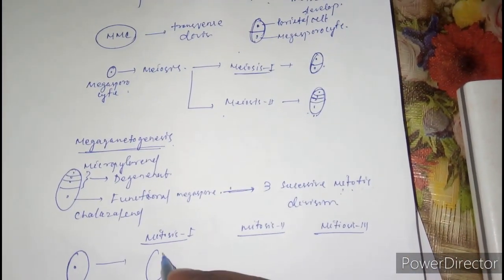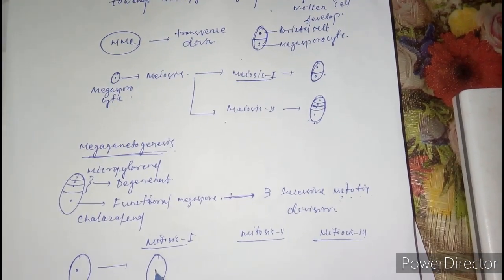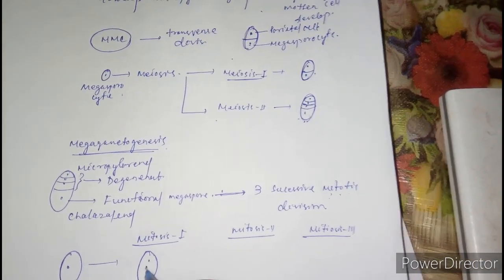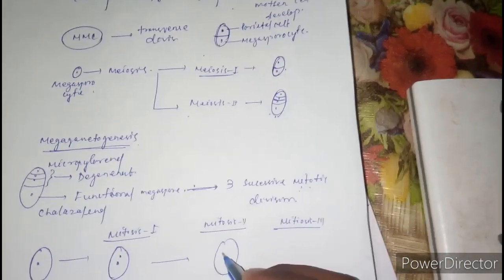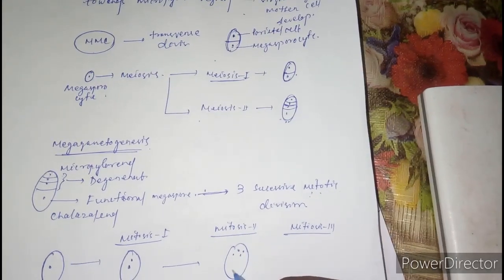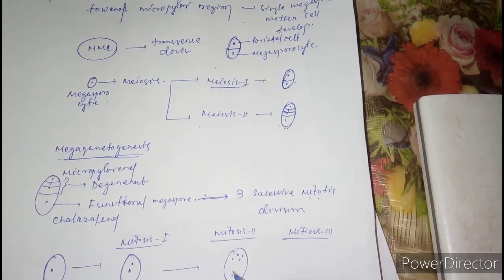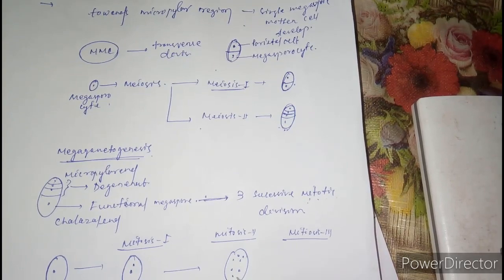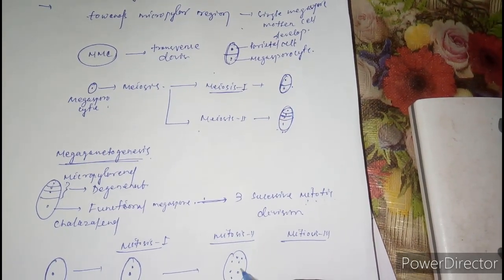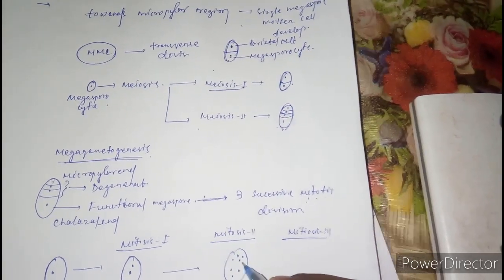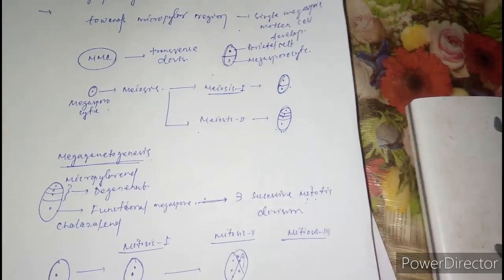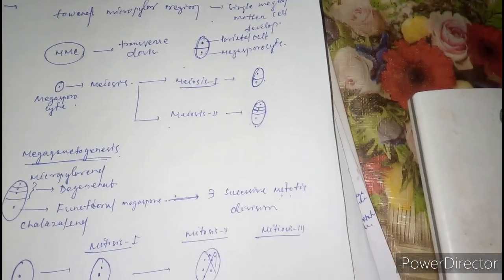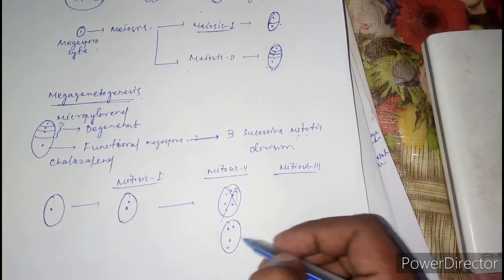In mitosis 1, what happens? This one nucleate undergoes mitotic division to form two nucleate. In mitosis 2, such a structure will appear.